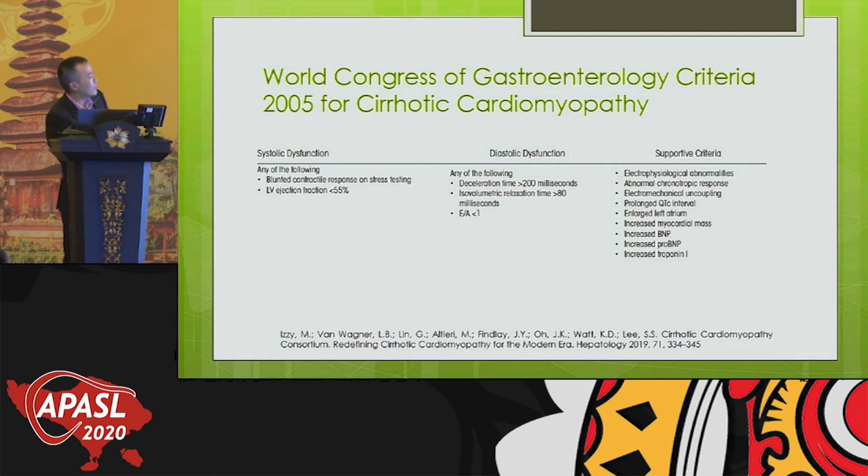These are very loosely defined criteria. But this criteria is old, because, as I've said, with some of the new technology we have now, this has transformed our entire definition of cirrhotic cardiomyopathy.